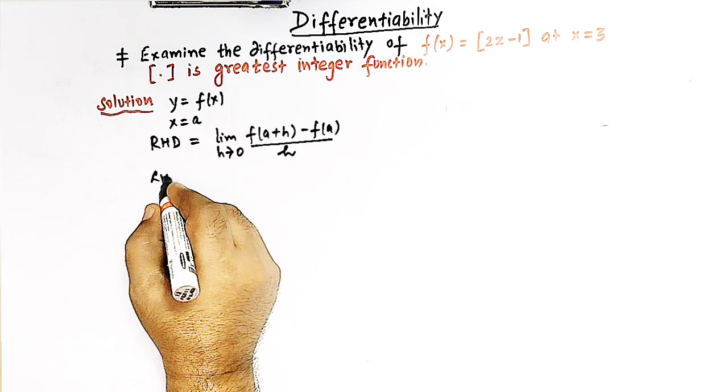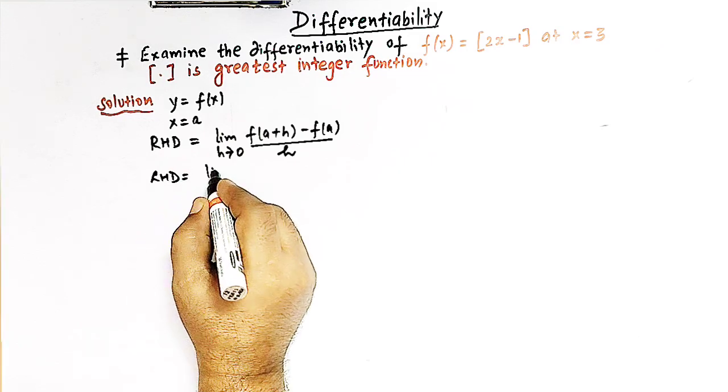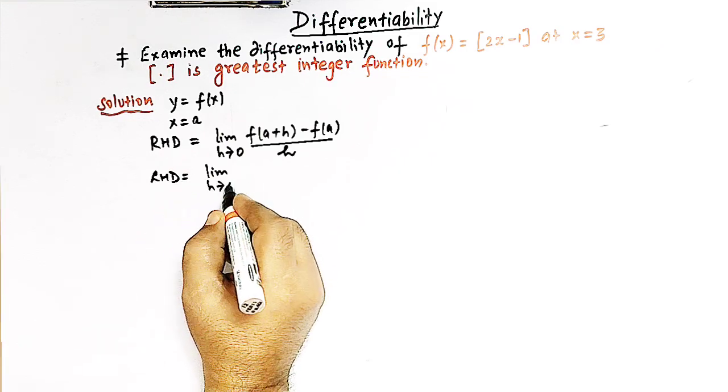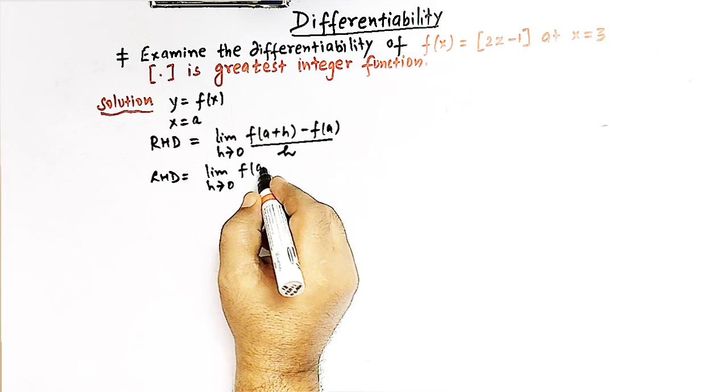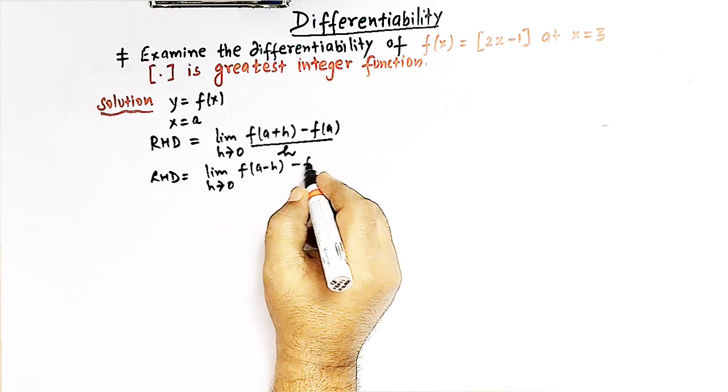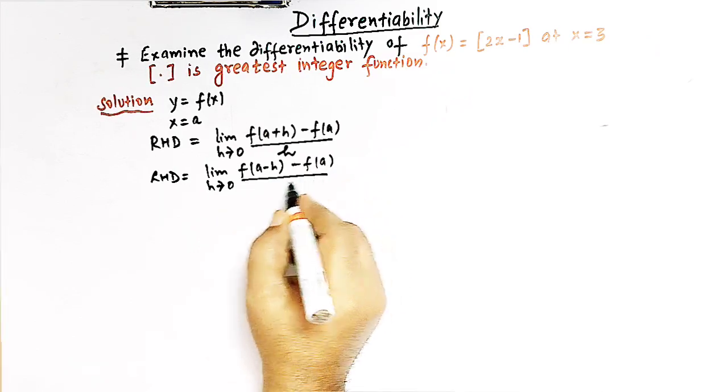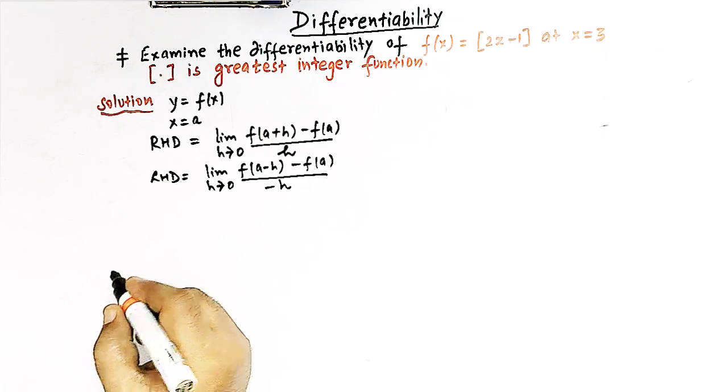And the left hand derivative is given by limit h tends to 0 of f of a minus h minus f of a divided by minus h, right?